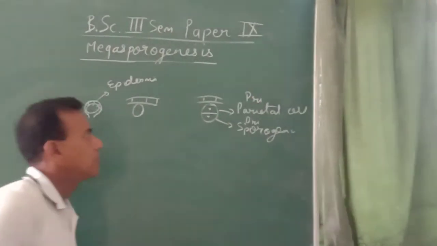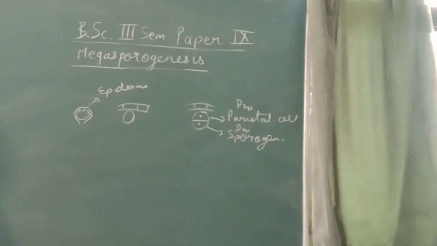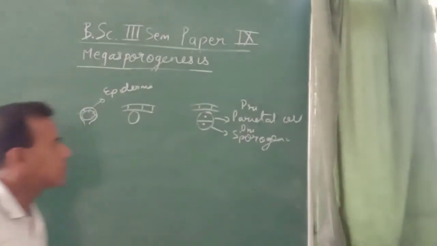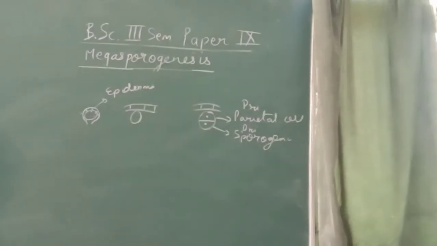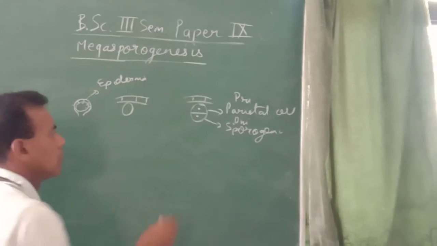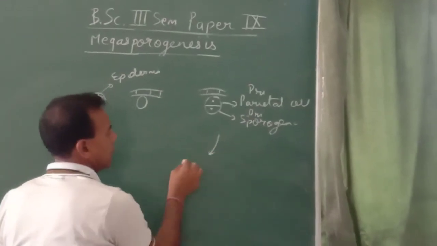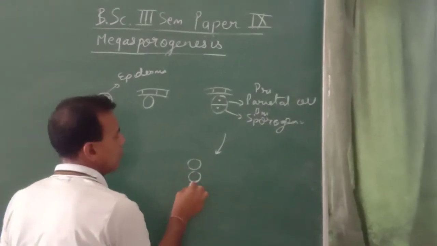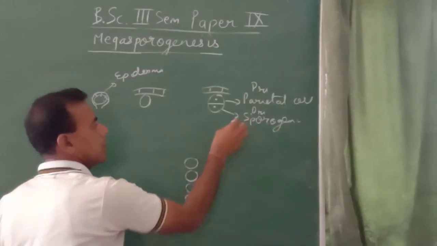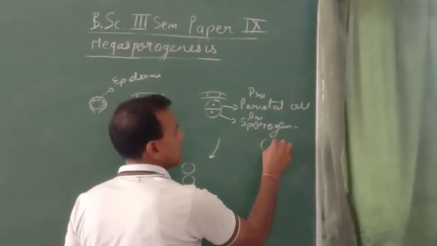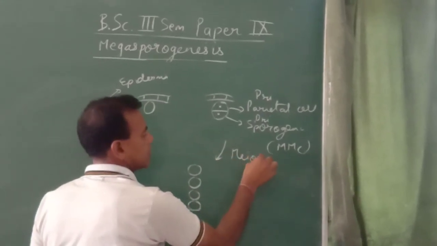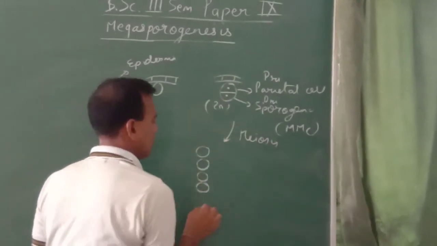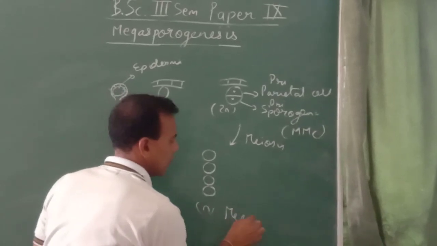The primary parietal cell may or may not divide to make parietal tissue or nucellus, and the primary sporogenous cell directly functions as the MMC or megaspore mother cell, which divides by meiosis, making 4 megaspores.